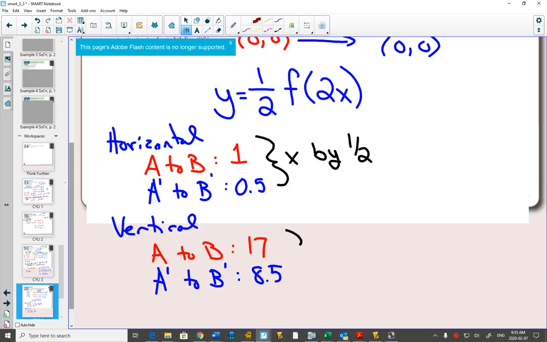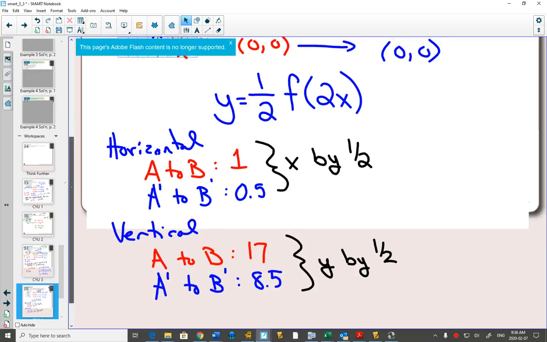Again, how would we change 17 to 8.5? You would have to multiply y by 1/2. So this technique of looking at 2 points, their original and new horizontal distance, and their original and new vertical distance, will also tell you what you'd have to multiply x and y by.